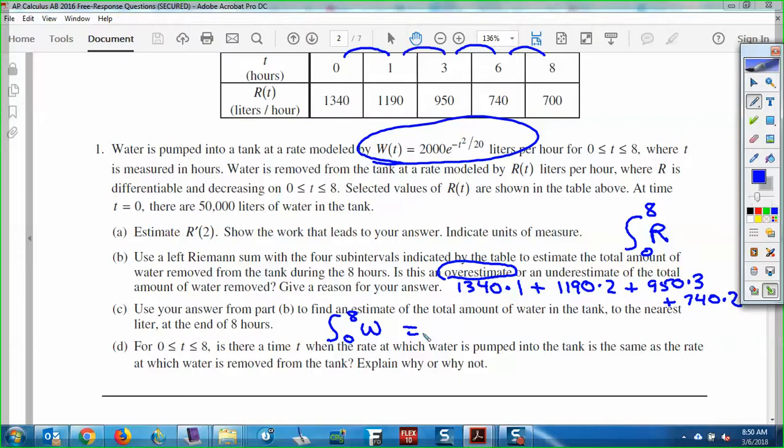What do you got? Liters? Agree? Now, what was the answer in B?